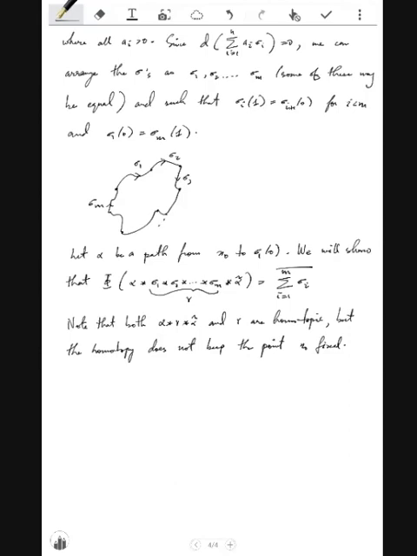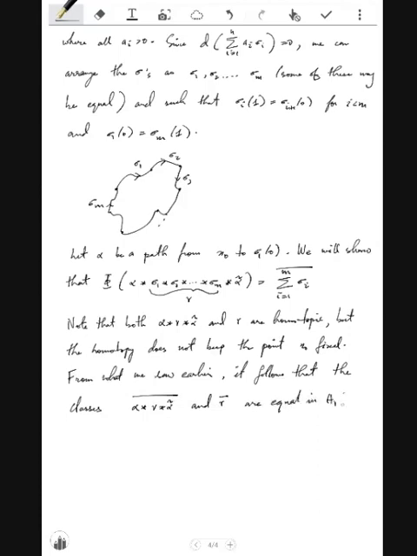In fact, these are loops based at different points. So from what we saw earlier, it follows that the classes alpha star gamma star alpha tilde bar and gamma bar are equal in H1(X).